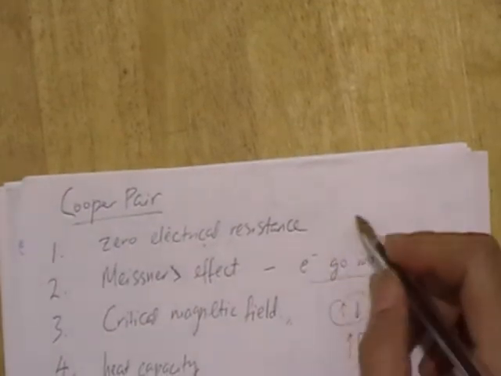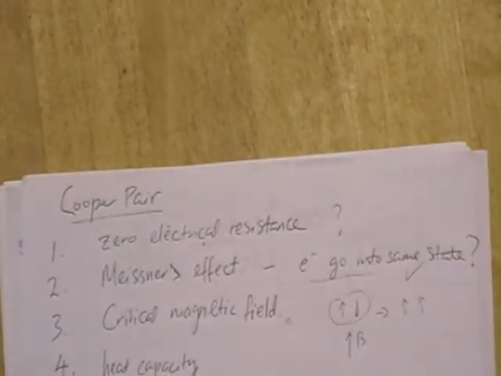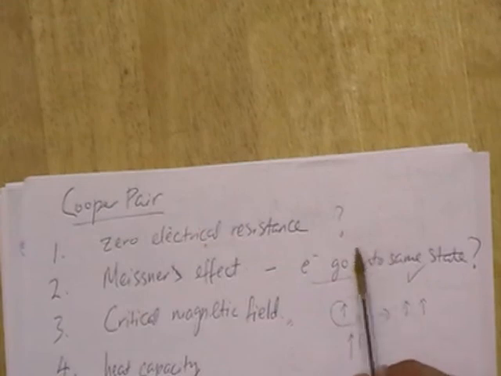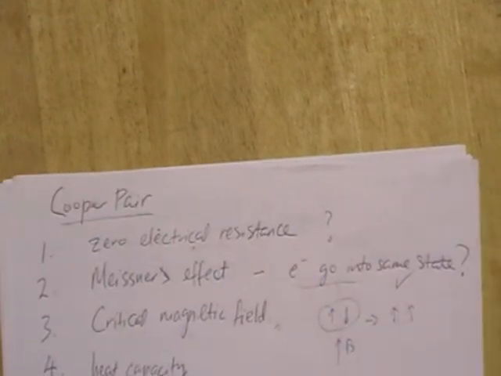And finally, possibly the most difficult property to explain, and also the most obvious property, the zero electrical resistance.